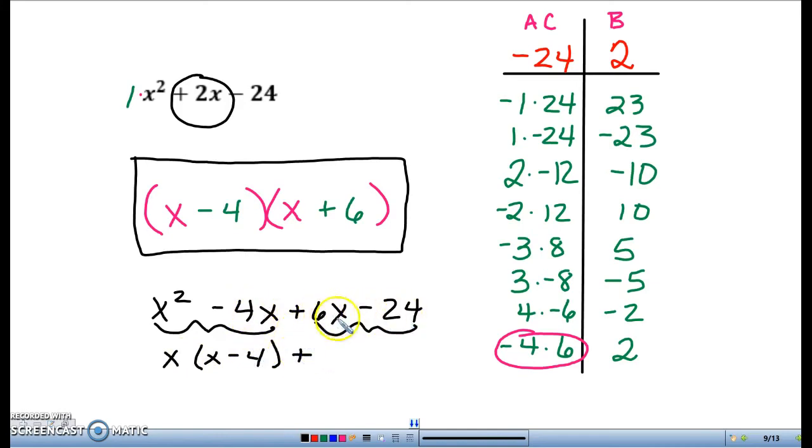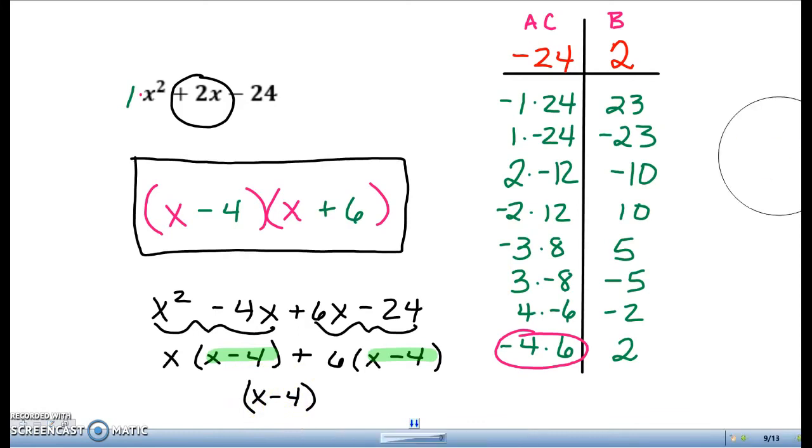In this group right here, your GCF is 6. 6 times what gives you 6x? That's got to be an x. 6 times what gives you negative 24? That's got to be negative 4. The whole purpose behind factoring by grouping is this common binomial factor. If it's not the same, you've done something wrong. If you factor that out, x minus 4, it's like dividing it out of both groups.